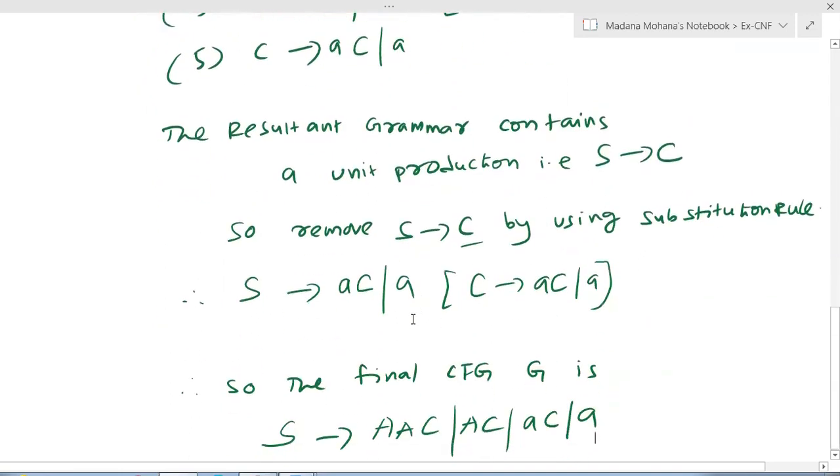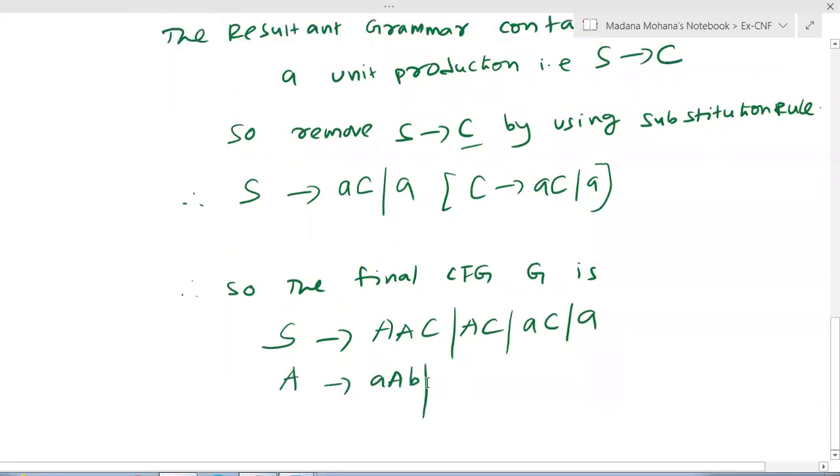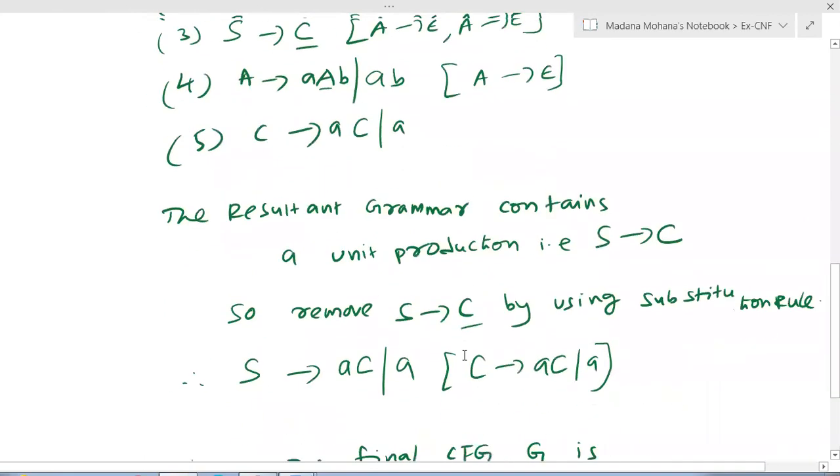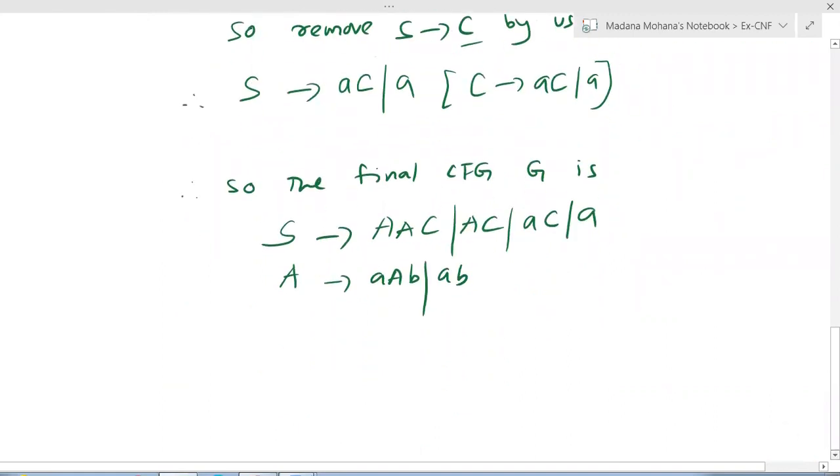Then A productions you can write down. A derives AAB or AB. Now C productions, there is no change: AC or A. Now this is the final grammar after removing the above epsilon productions and unit productions.